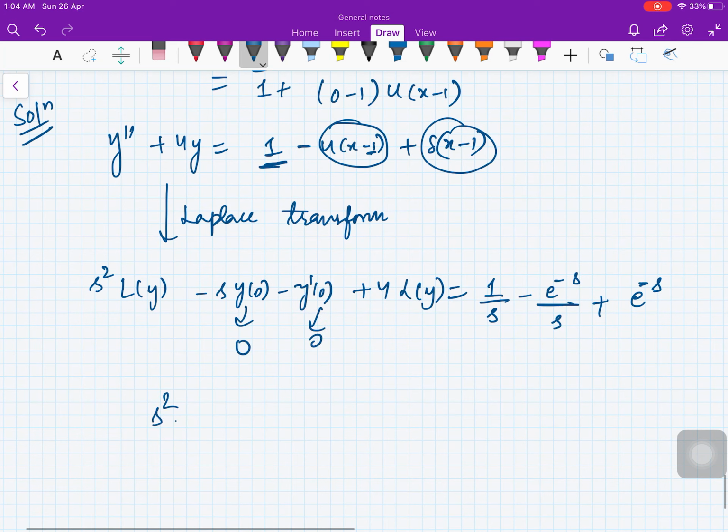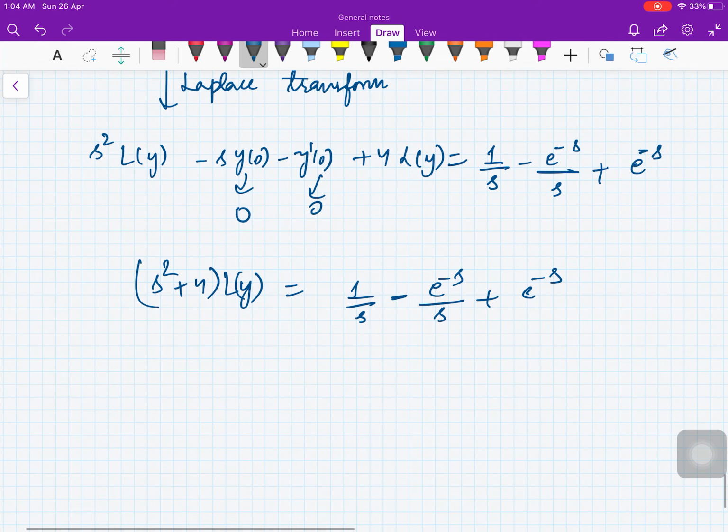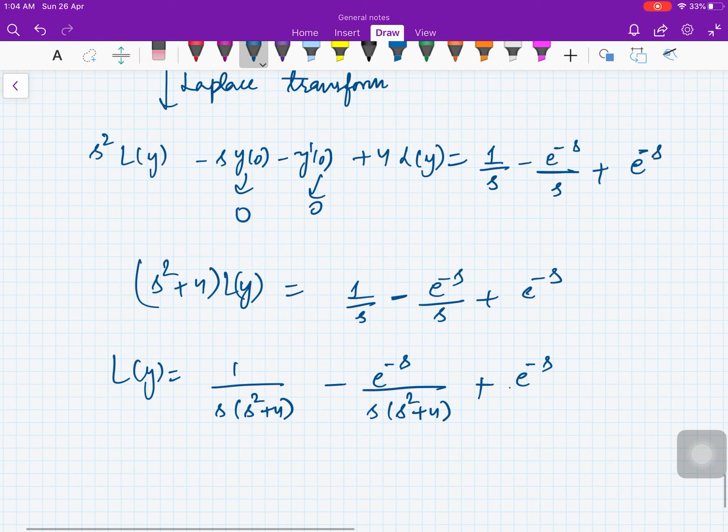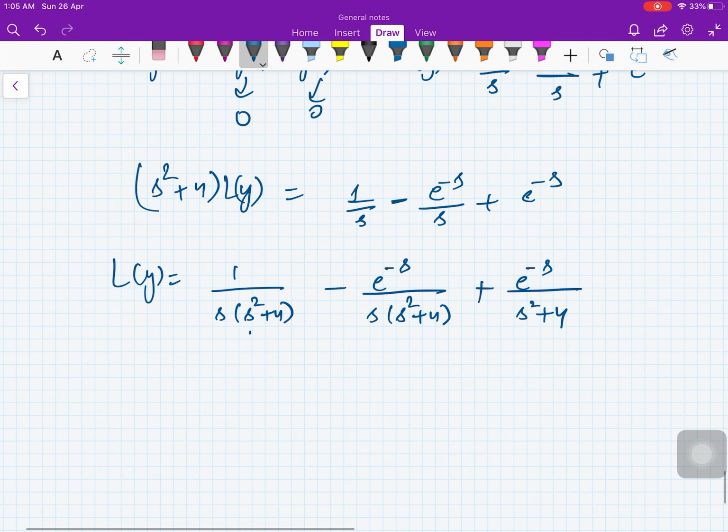A is 1 here, right? Okay, fine. This is 0 given, this is 0, so you have s square plus 4 L of y is equal to 1 upon s minus e raised to minus s upon s plus e raised to minus s. So you get L of y is equal to 1 upon s into s square plus 4 minus e raised to minus s upon s into s square plus 4 plus e raised to minus s upon s square plus 4, right? So this is what you get.